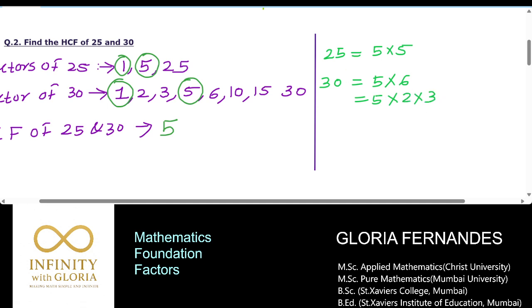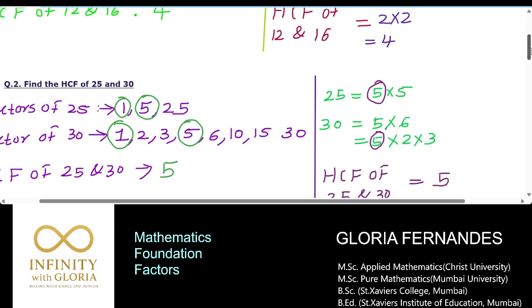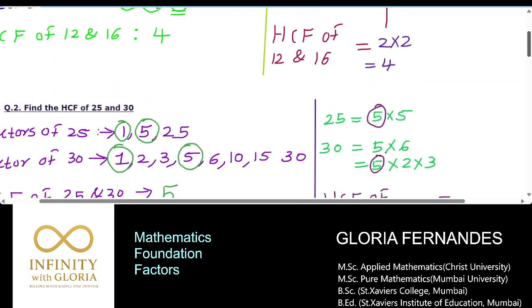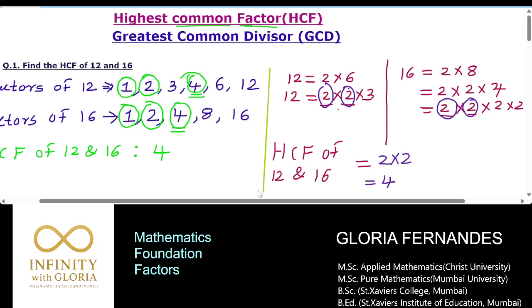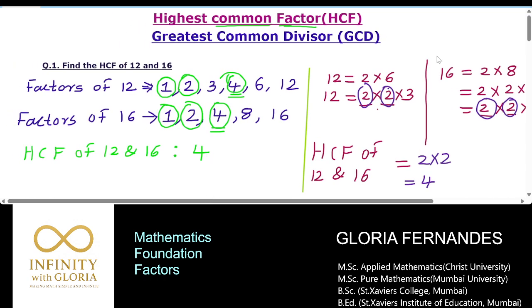Yeah, so what is a common factor I see over here? I have a 5 only in the common. Yeah, so HCF of 25 and 30 will be what? 5. Is this clear?